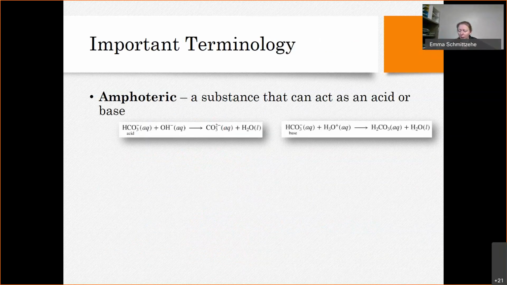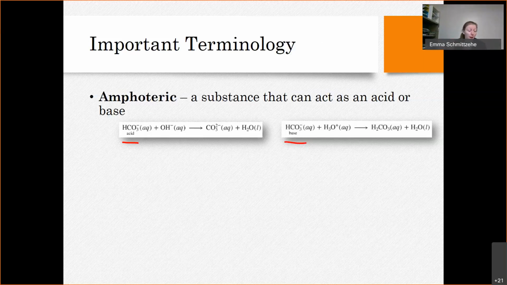Another example would be the hydrogen carbonate ion, or the bicarbonate ion. Those are the reactions I have here: HCO3 minus acting as an acid in one reaction and HCO3 minus acting as a base in another. In the first one, you have HCO3 minus reacting with OH minus, so it's reacting with something that is a strong base.